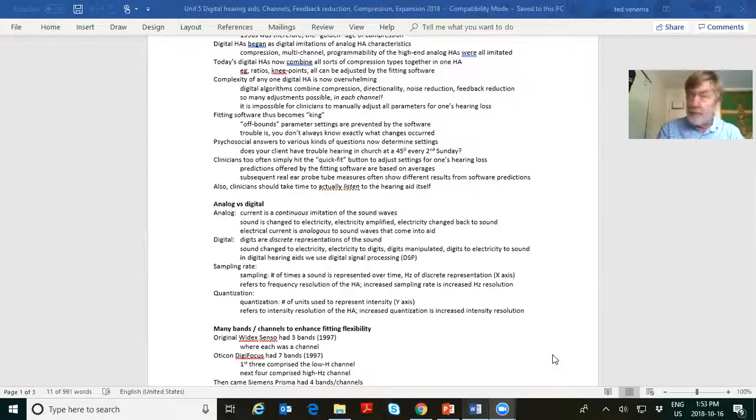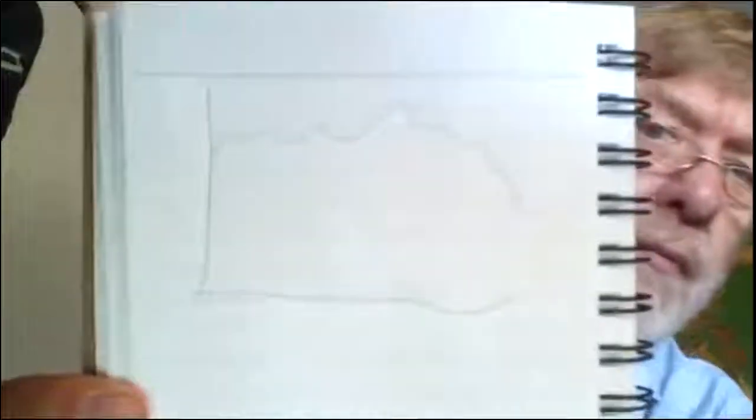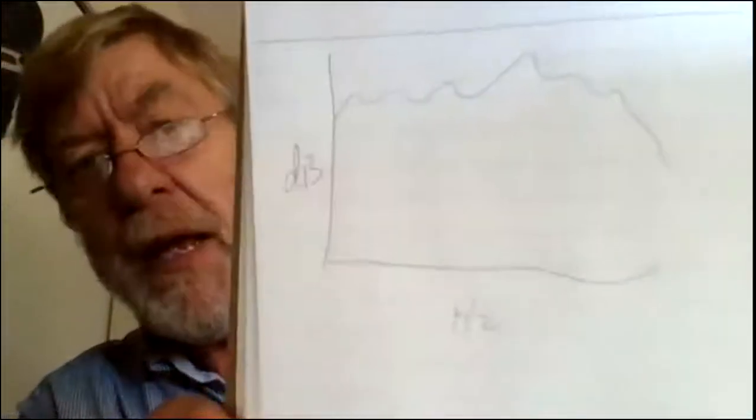Way more. So with analog, I could kind of do this. I could have a frequency response. I like drawing like this. It's kind of fun to do this. So an analog hearing aid might have a frequency response that does this. Okay, if this is frequency, and this is gain, let's say. And with an analog hearing aid, I could always cut the lows.